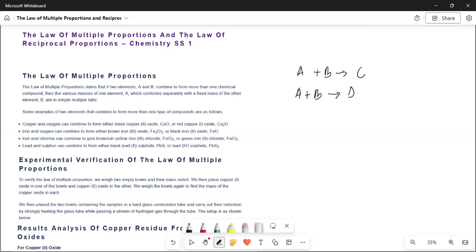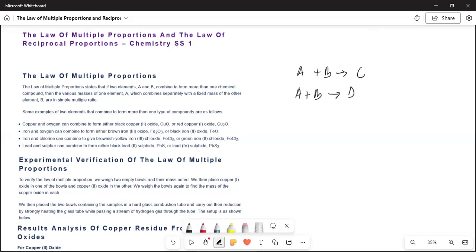So we are going to reduce both oxides to obtain the mass of copper in copper 1 oxide and copper 2 oxide. When we were doing the experiment for verification of the law of definite proportion, we made use of copper also. Yes, we reduce copper oxide to copper residue.